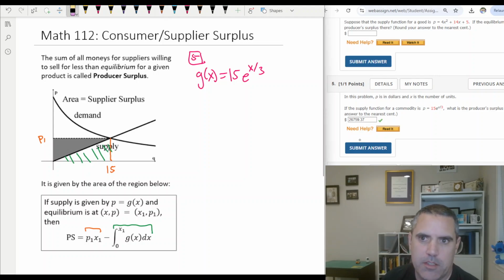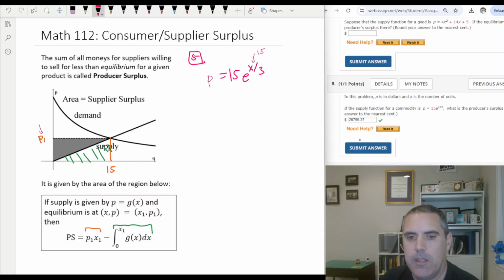So you have a couple things you need to do. So this is like your P. This is your function. You're going to have to plug in the 15 here. It's going to be kind of a messy number, but that will give you the corresponding P. Hope that makes sense. And then what are you going to do? Once you have that value, which is going to be 15e to the 15 over 3, you're going to multiply it times 15.